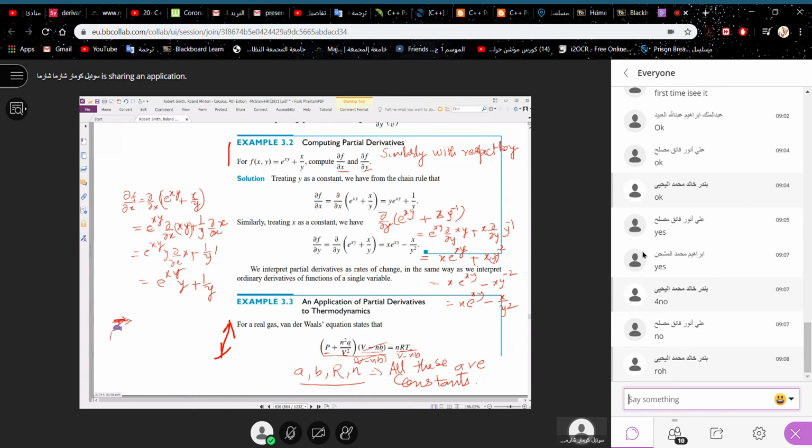So P plus n square a upon V square equals nRT upon V minus nb. Is that clear or not?